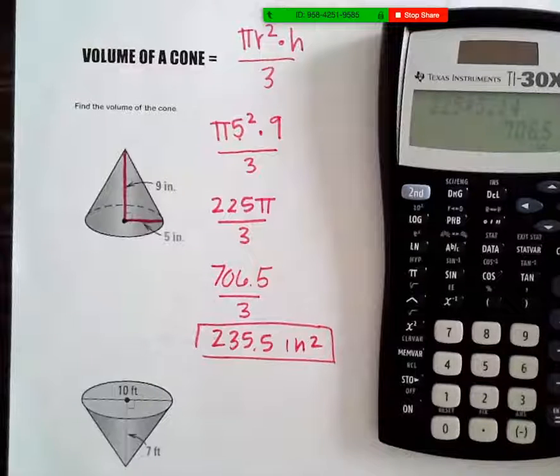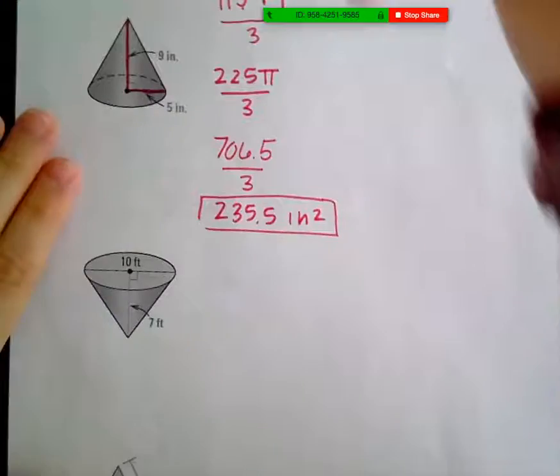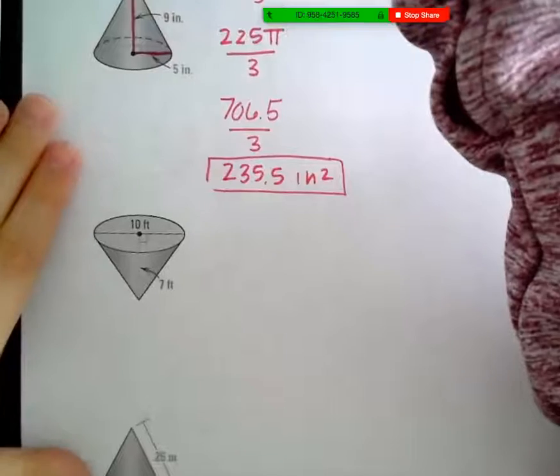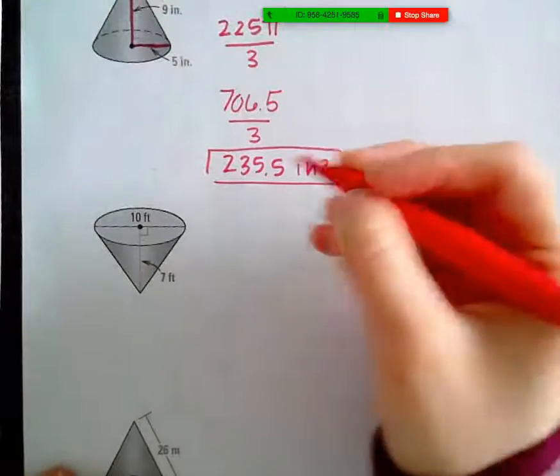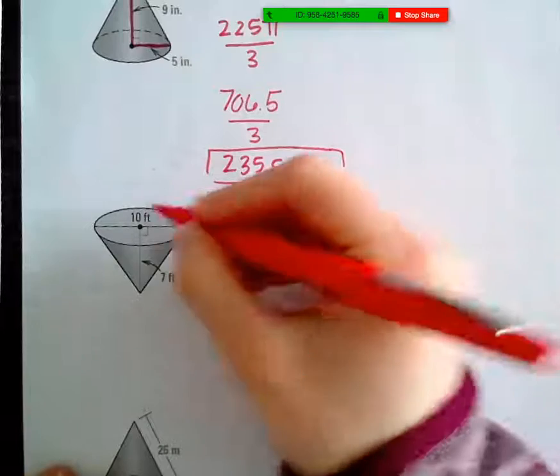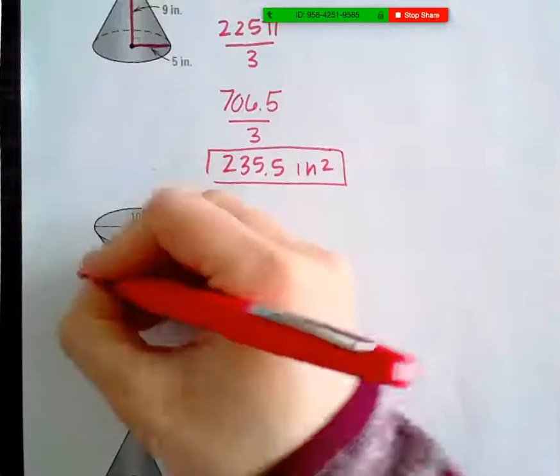Okay, let's do one more cone before we move on to our worksheet. Let's try this next guy right underneath it. All right, so first we start off with our radius. What would our radius be on this cone? Half of 10 is 5. Good work, Sincere. He's right.